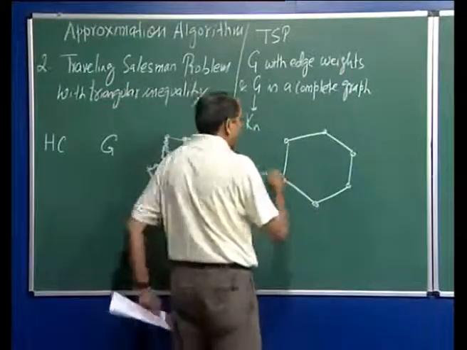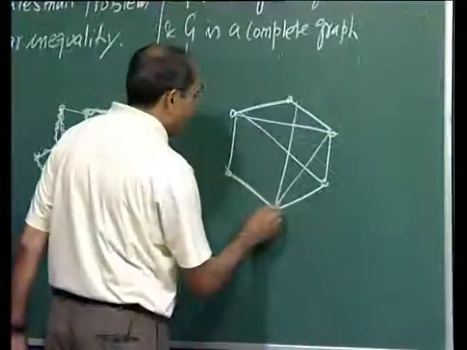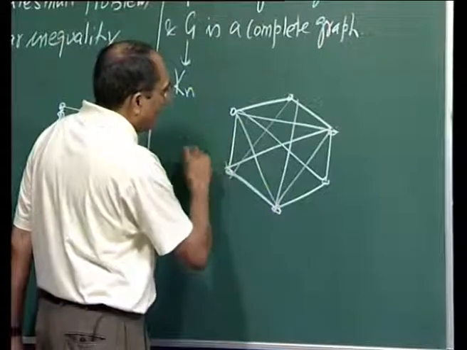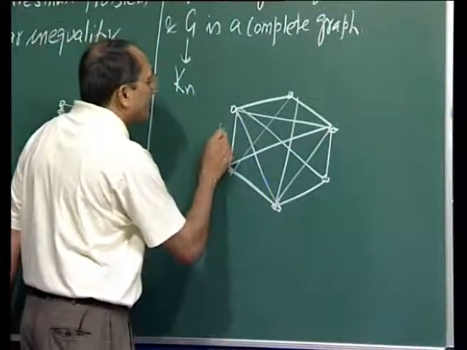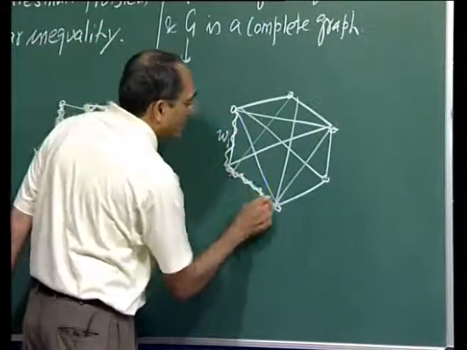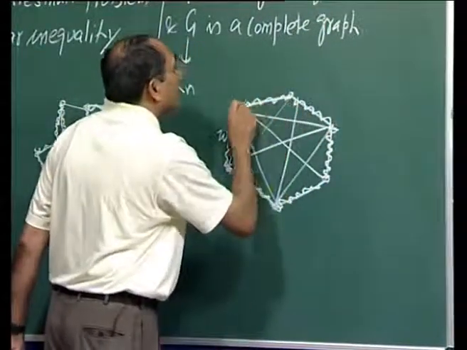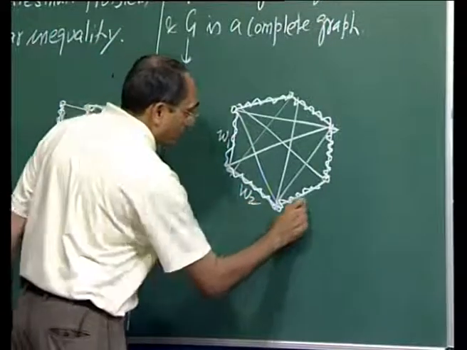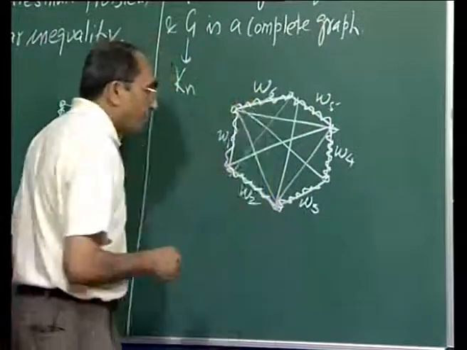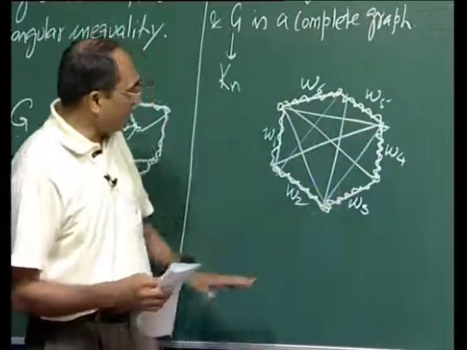If I have this cycle, there are edges between every pair, of course, but the weights that we are interested in are W1, W2, W3. We would like to minimize the sum of these weights, the weights of the edges on the cycle.